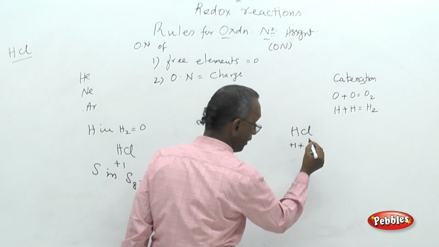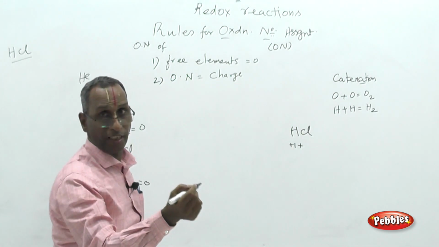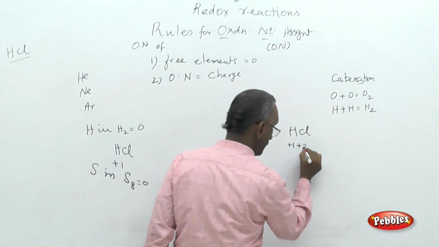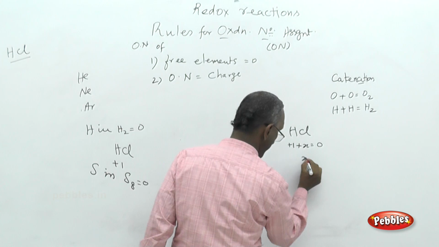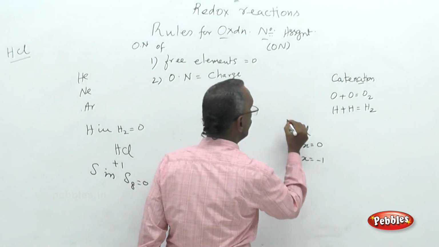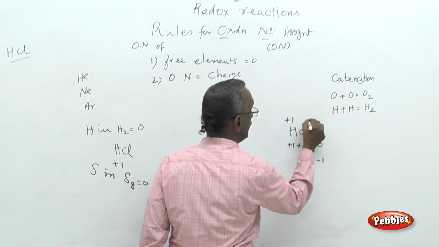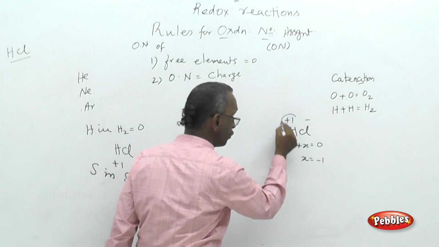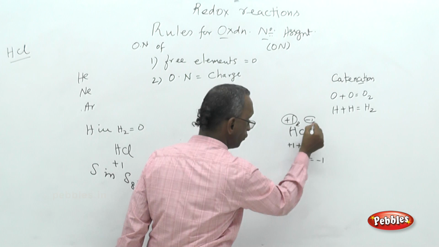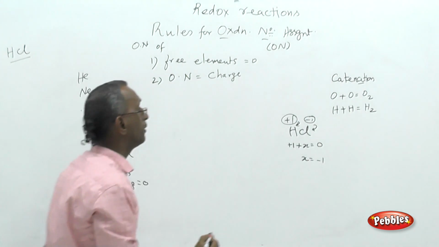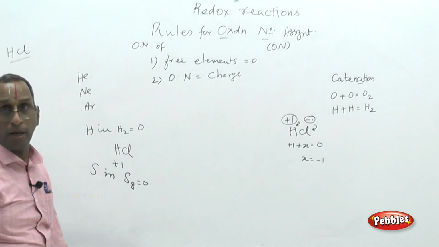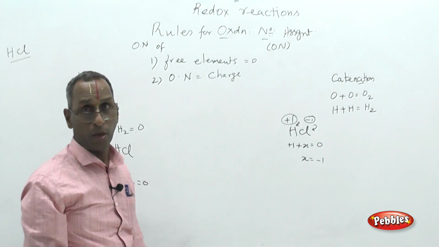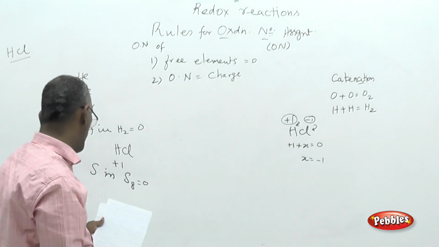Chlorine we don't know, but because of the chloride suffix it is negative. So 1 plus x equal to 0, x equal to -1. So in H+ Cl-, +1 is the charge on hydrogen and -1 is the charge on chlorine. That is why oxidation number can also be viewed as the charge on the element.